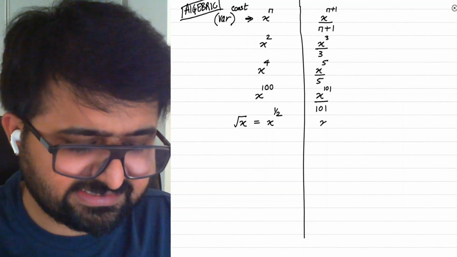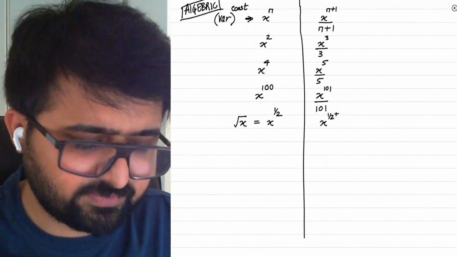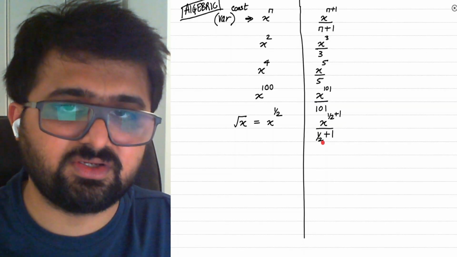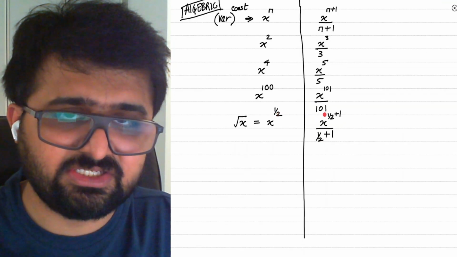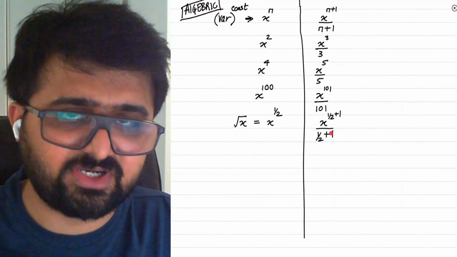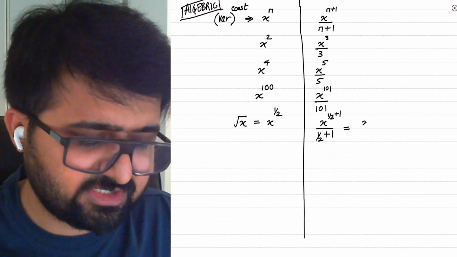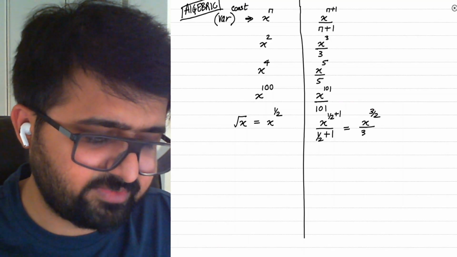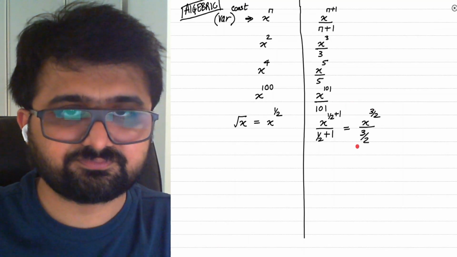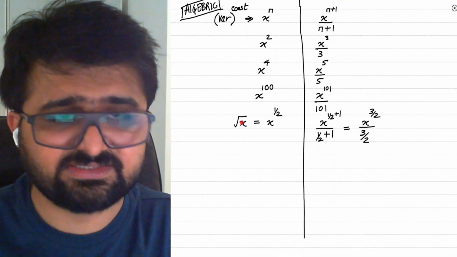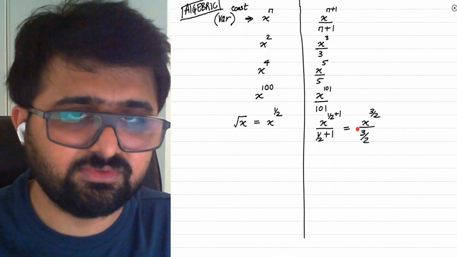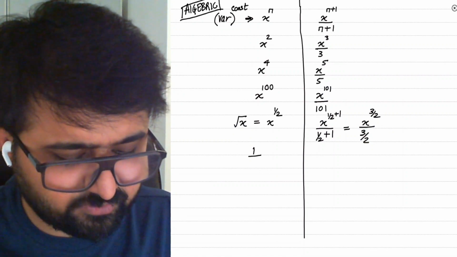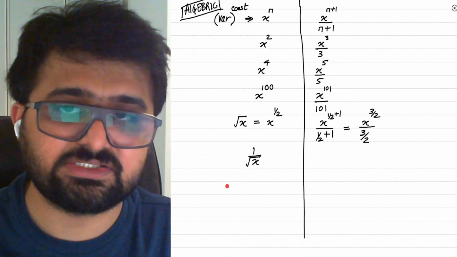We can just increase that power by 1, so x to the power 1 by 2 plus 1 divided by 1 by 2 plus 1. 1 by 2 plus 1 is 3 by 2, so the integration of square root of x is x to the power 3 by 2 divided by 3 by 2.